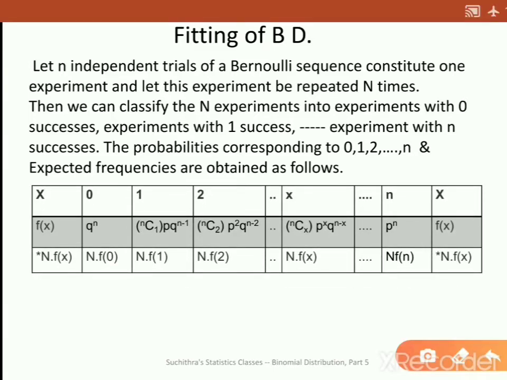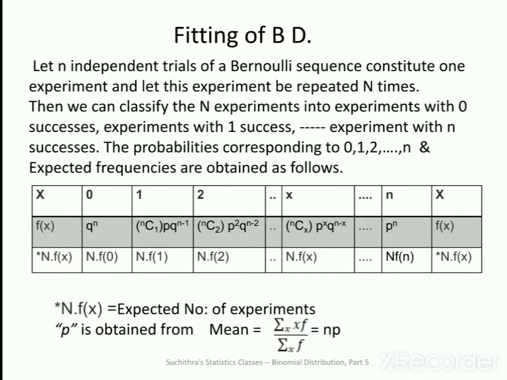From this table, we can calculate the value of f of x and N into f of x for the different values of random variable x, which varies from 0 to n, where N into f of x is the expected number of experiments.